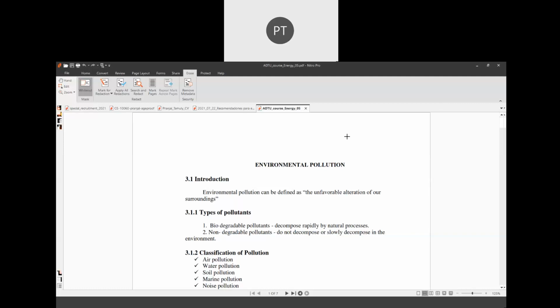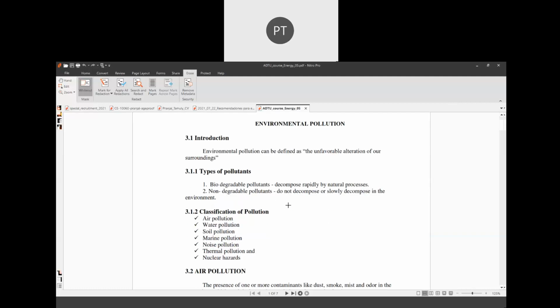What are the different adverse effects that may be created in the environment by using non-renewable energy? One of the primary effects is pollution. This pollution is due to the excessive use of fossil fuels and other non-renewable types of energy. We are going to discuss in detail what the different types are and how we can prevent this from happening.